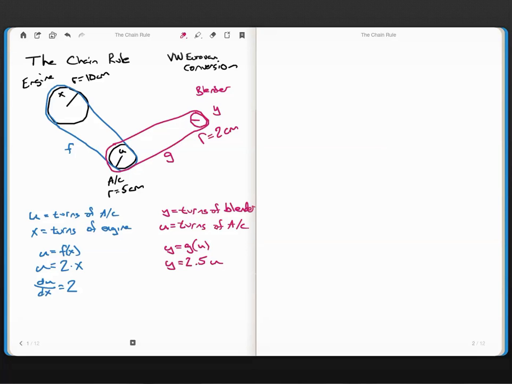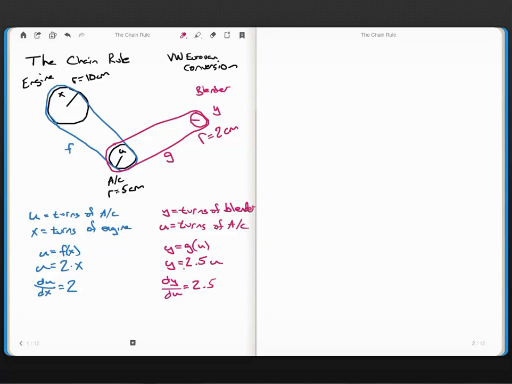Right, so for every one rotation of this one, because this one is really driving this one, it is going to be 2.5 times. So that's a derivative too. So dy du, right? The rate at which this turns relative to this is 2.5.